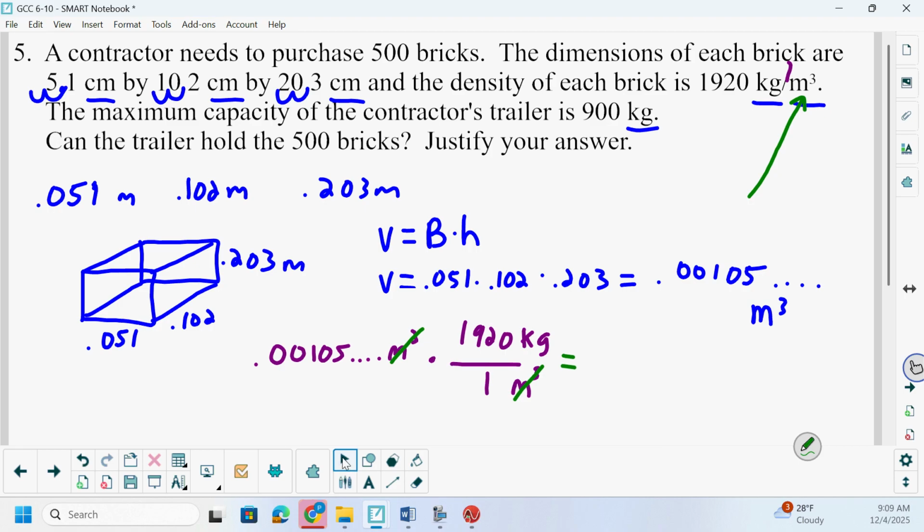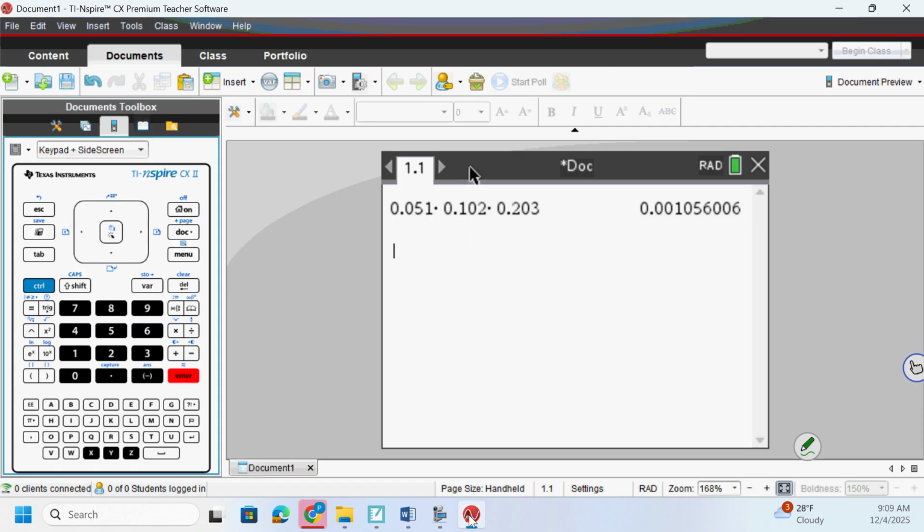So let's go to our calculator. If we just hit times, it'll automatically take our answer that we already have all the way out. And we'll just multiply by that 1920. I'm going to show it as over 1 here, but the over 1 isn't doing anything for us in this particular case.